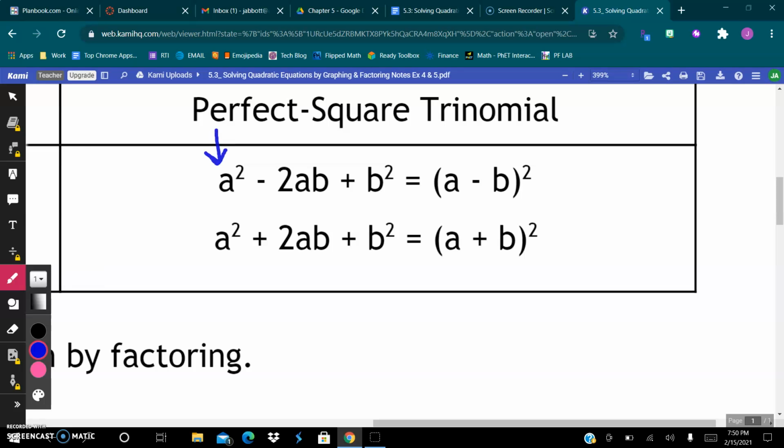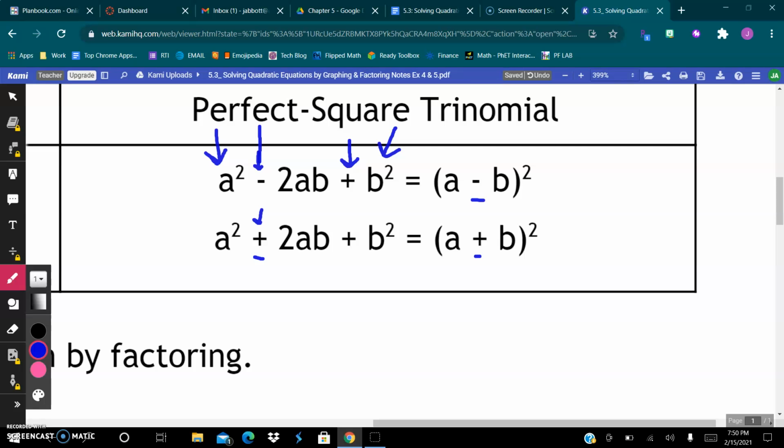So that value there you can take the square root of. And the last term is a perfect square, so you can take the square root of that number as well. Now, as you notice here, you can have a subtraction or you can have an addition. And the last one has to be addition. But depending on the first, right here, if that's a subtraction, then our answer is going to be subtraction. If it's addition, then our answer would be addition.